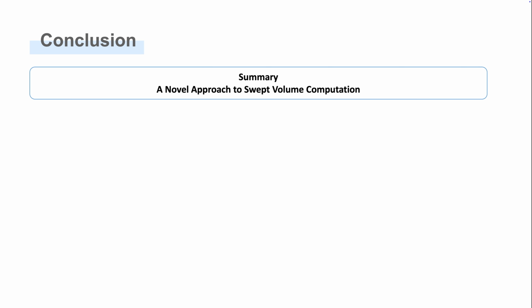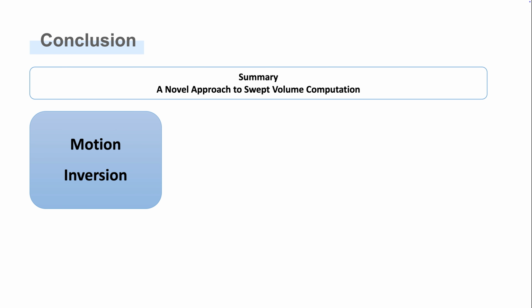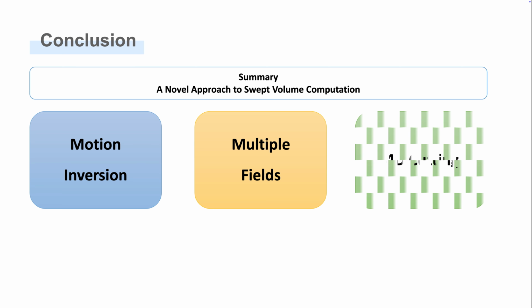We introduced 3 key technical contributions. Motion inversion. By fixing the object and tracing inverse point trajectories, we simplified complex trajectory analysis. Multiple distance fields. By storing multiple fields per element, we preserved fine geometric details that traditional single-field methods lose. 4D incremental cutting.